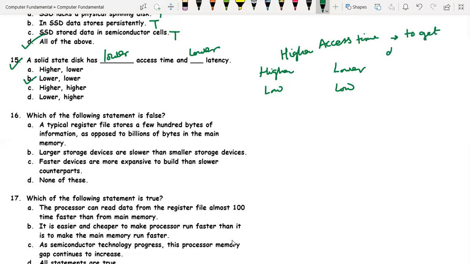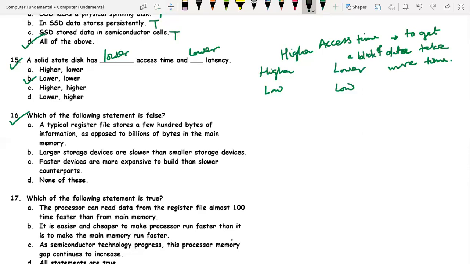To get a block of data takes more time. Okay. Yes, sir. Good. Let's move to question number 16.